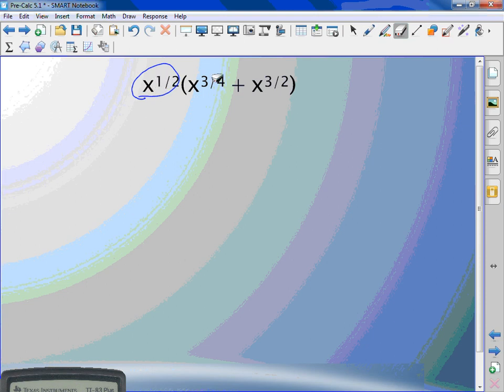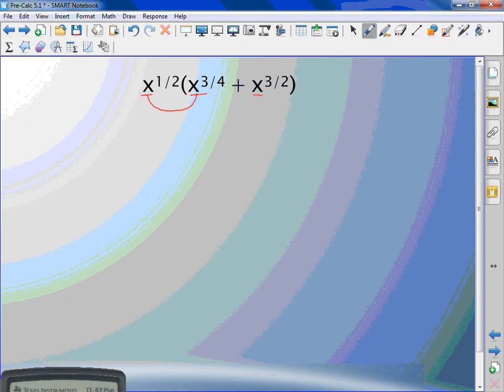What's it doing to the rest? This x to the 1/2 power, what is it doing to these terms? Multiplying. They all are x's. So I'm going to take x times x, with the smiley face.